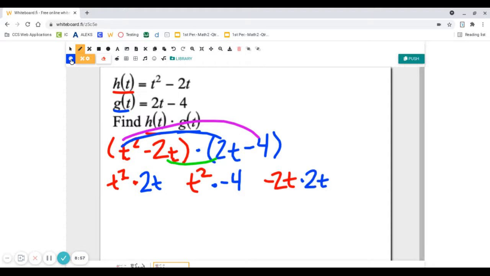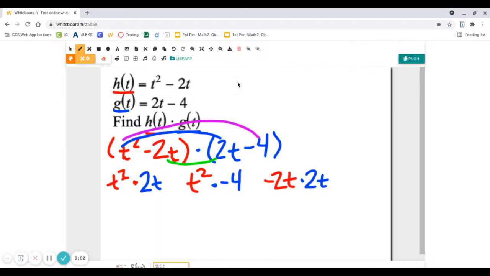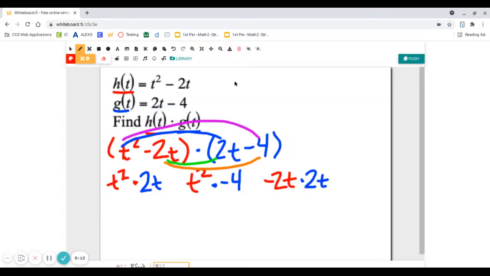And then last, we're going to take negative 2t and multiply it by negative 4. So negative 2t multiplied by negative 4. All right. So we have 4 things, right? The red had 2 terms, the blue had 2 terms, 2 times 2. We end up with 4 different terms here.